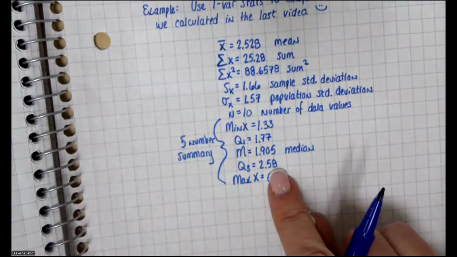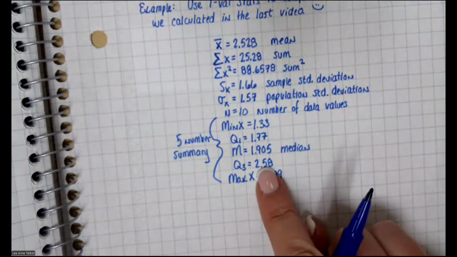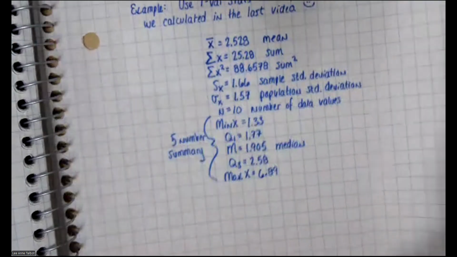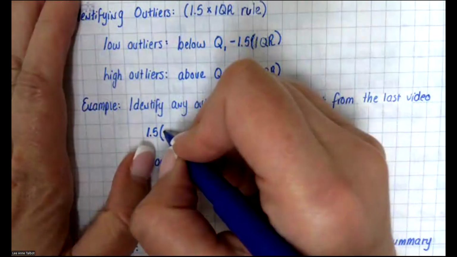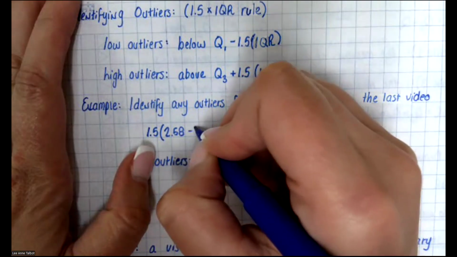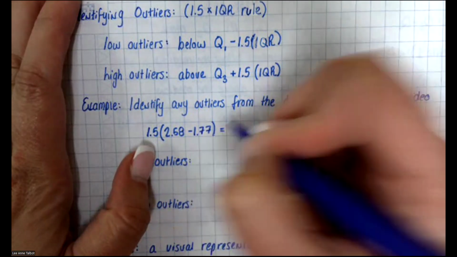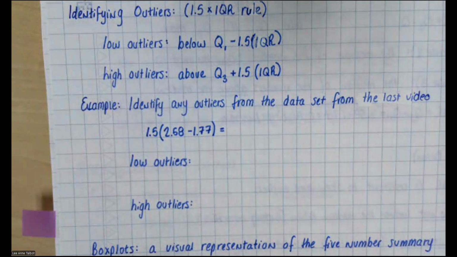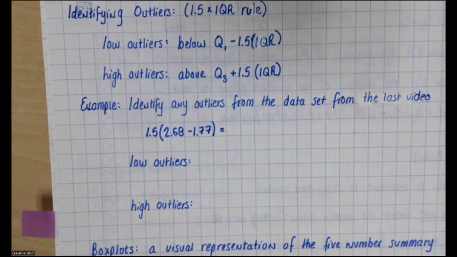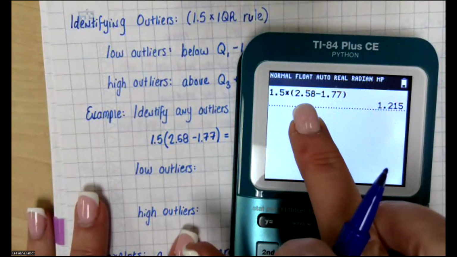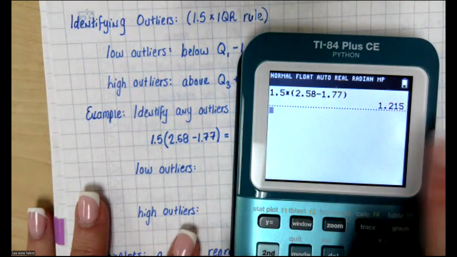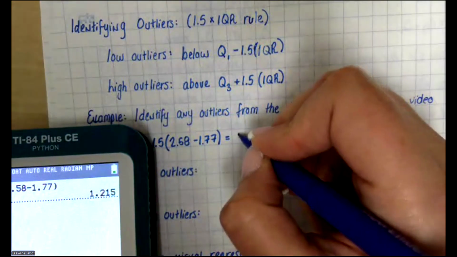You can also get those values off of your calculator now. And 1.5 times the IQR, quartile 3 minus quartile 1, is 1.215.